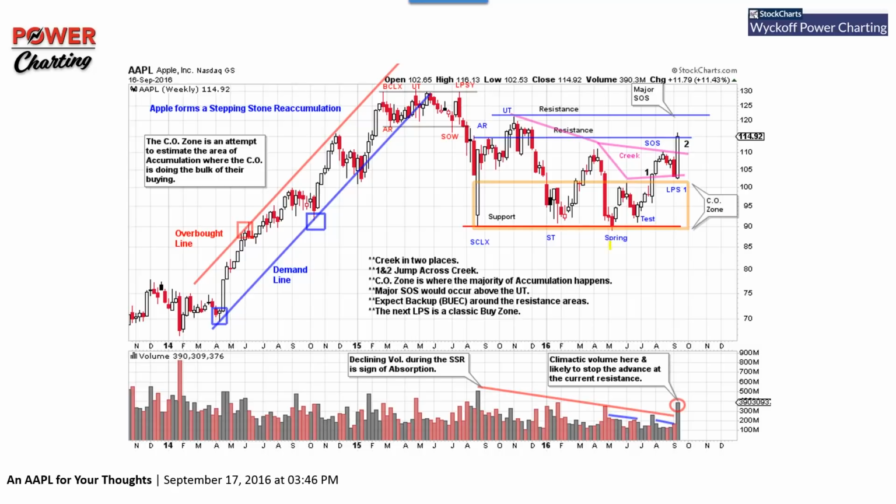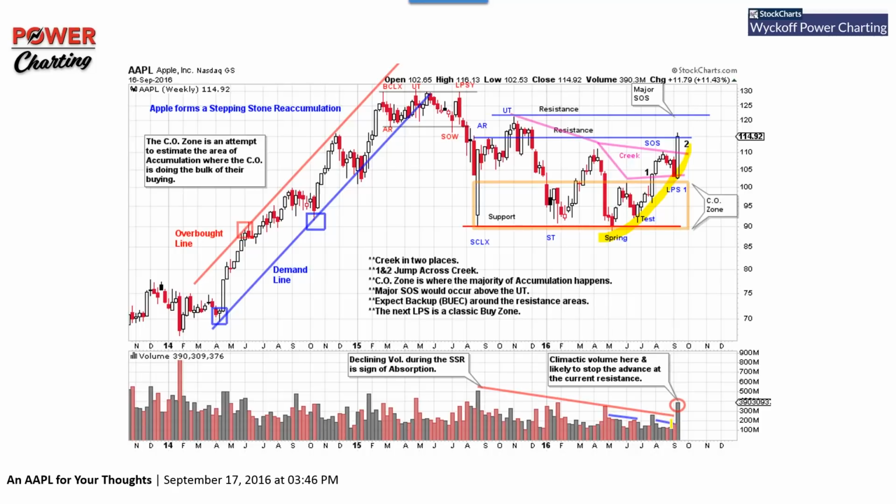So the other thing is, because we're still in the range of the accumulation area here, you can see the qualities of absorption as higher lows are being made, and the volume is generally not expanding.